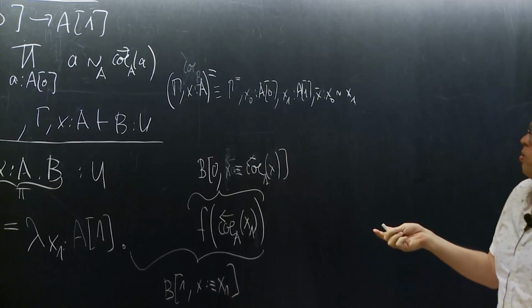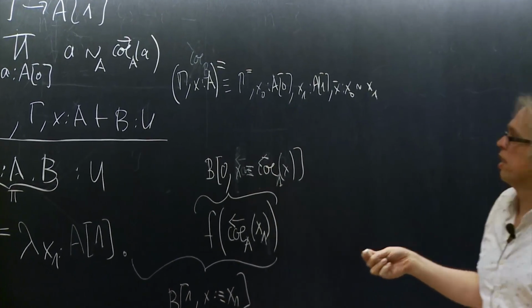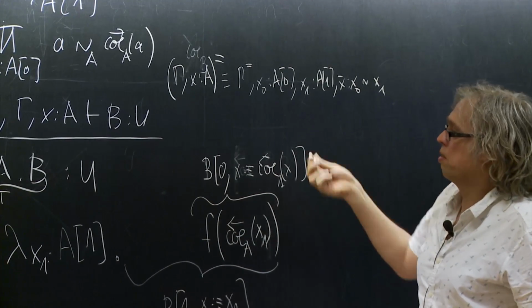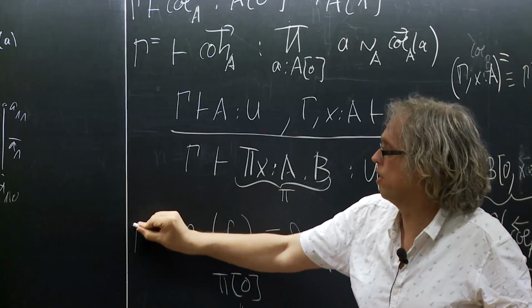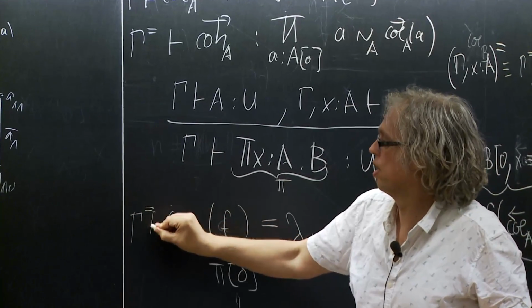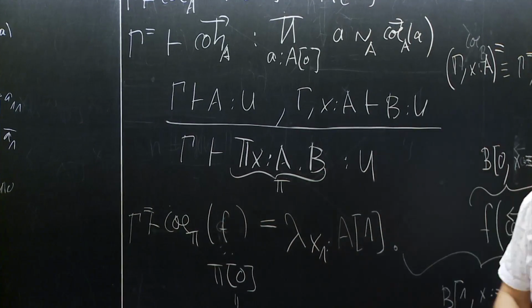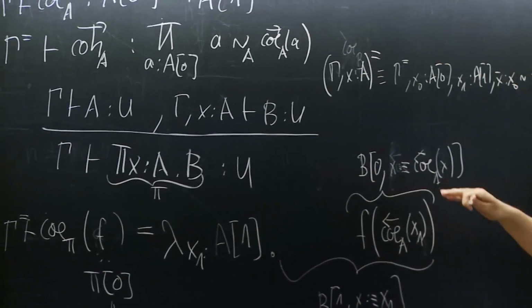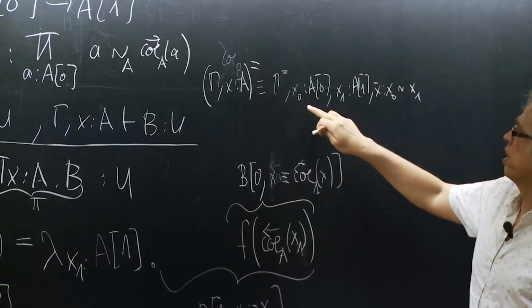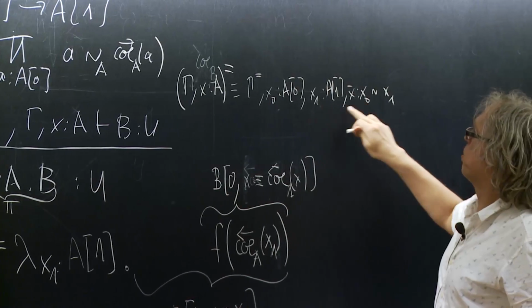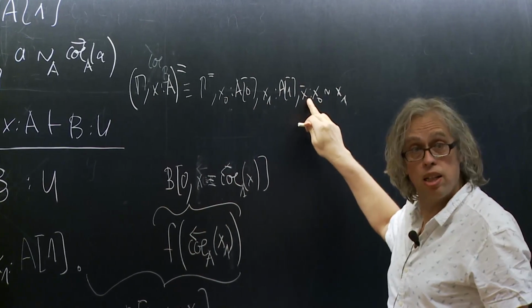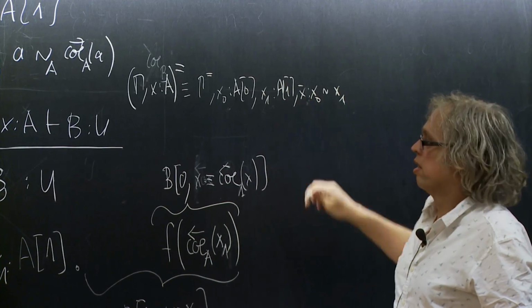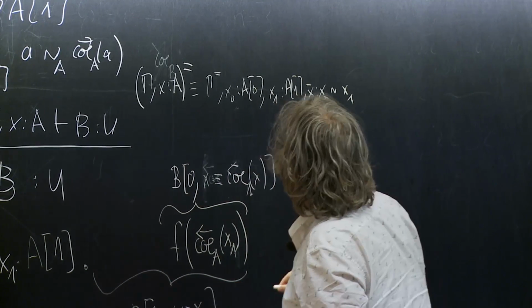So if I want to use coe B, since this definition here is in gamma equal, I have to find a substitution which explains x0, x1, and x bar, right?